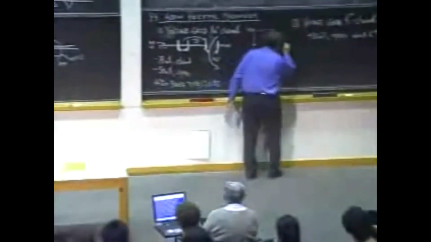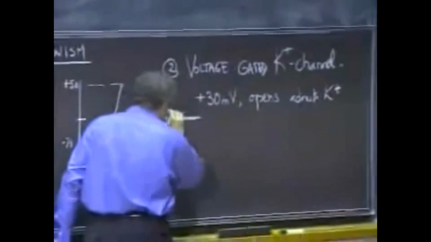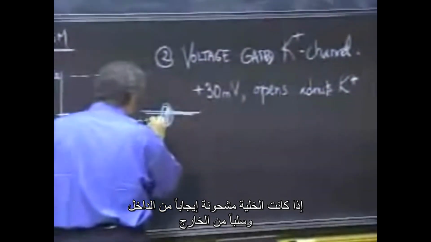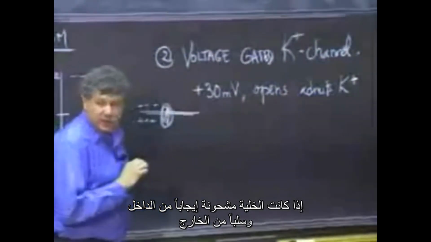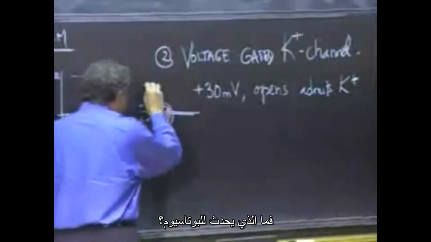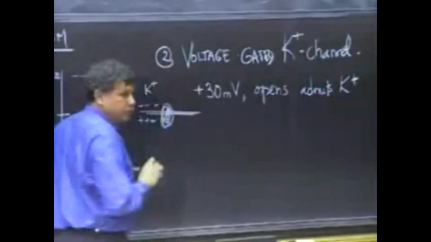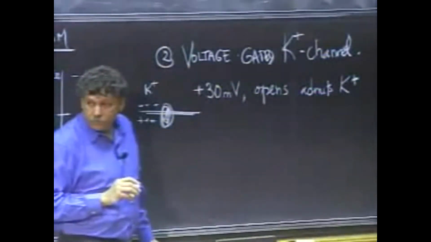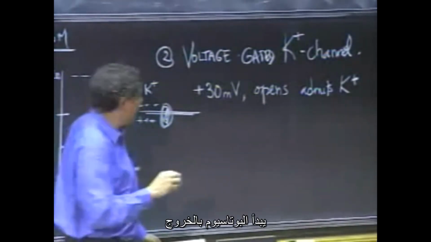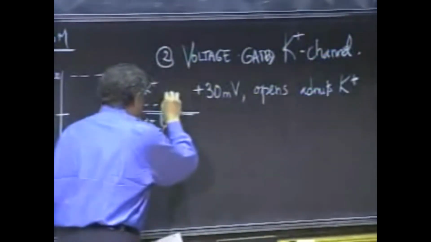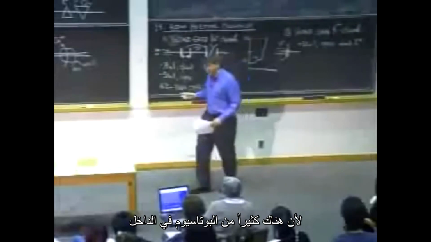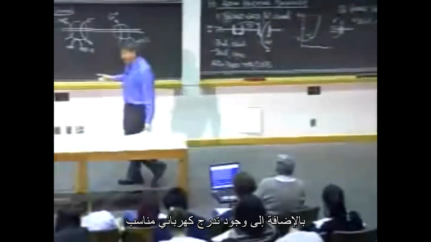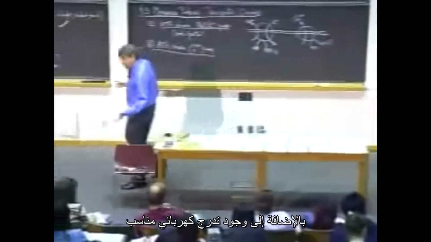If the cell is positive on the inside, negative on the outside, potassium starts coming out because there's more potassium on the inside and there's also a favorable electrical gradient.